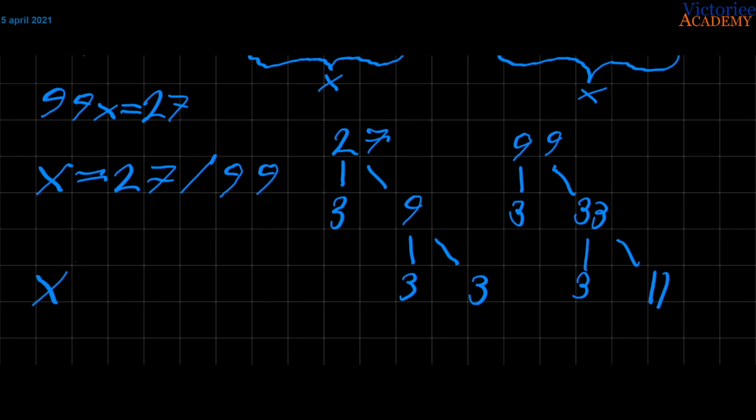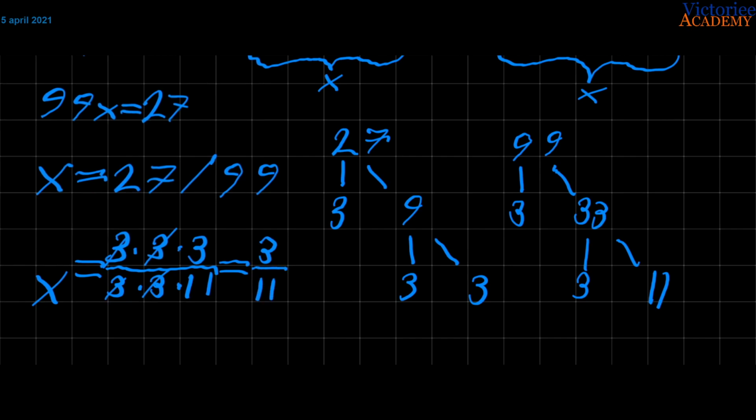Then we can rewrite this fraction as 3 times 3 times 3 over 3 times 3 times 11. This is obviously the same, because 3 times 3 times 3 is 27 and 3 times 3 times 11 is 99. And when we have done it in this form, it's easy to cancel out the common factors. Then we get 3 over 11.